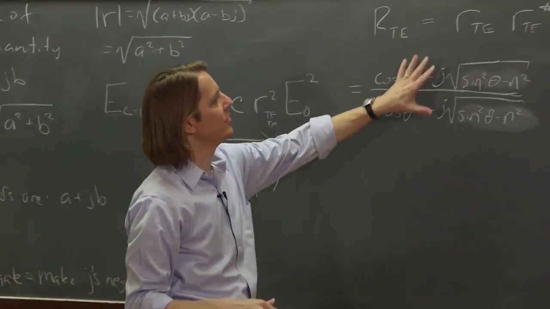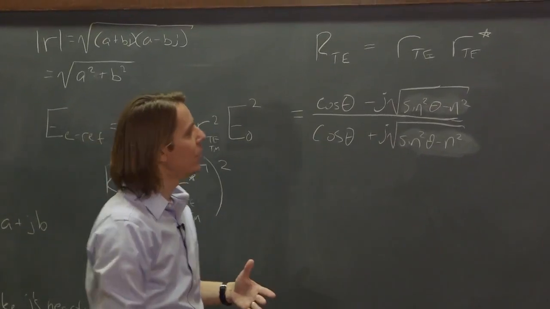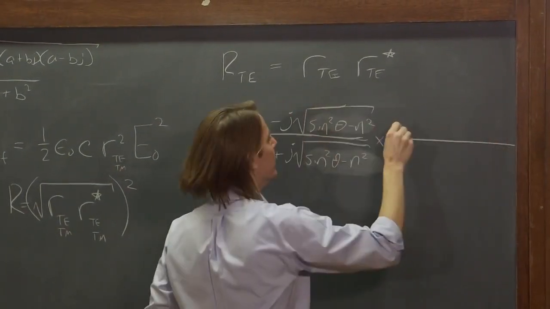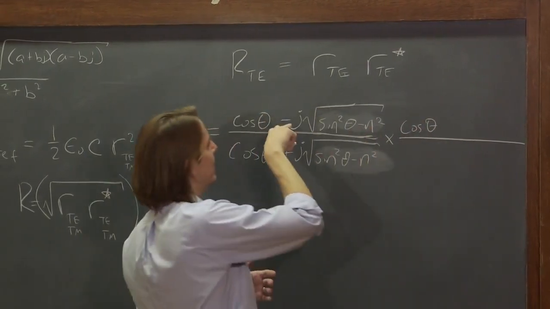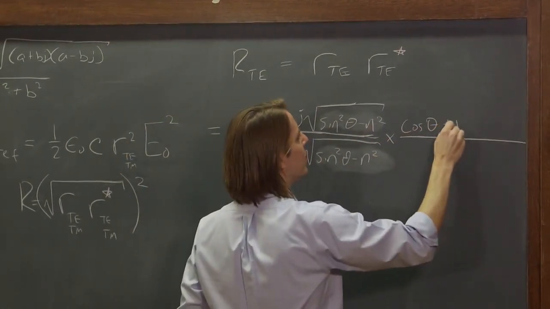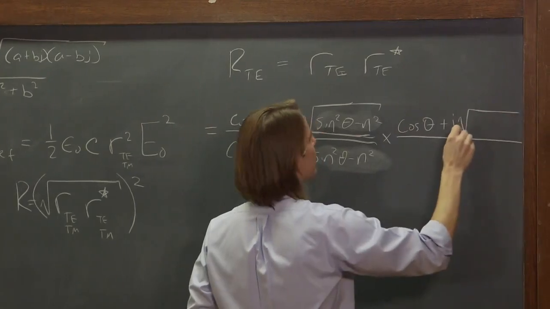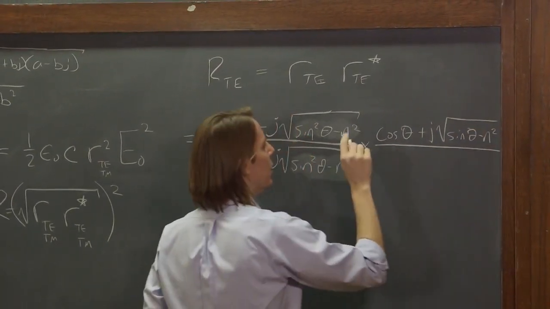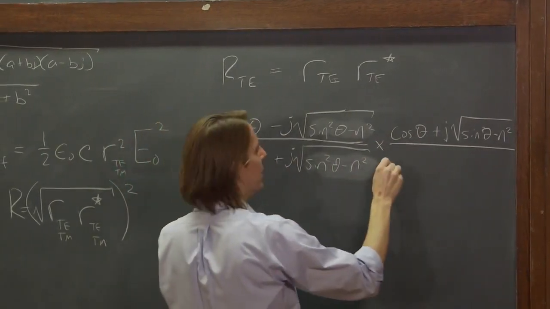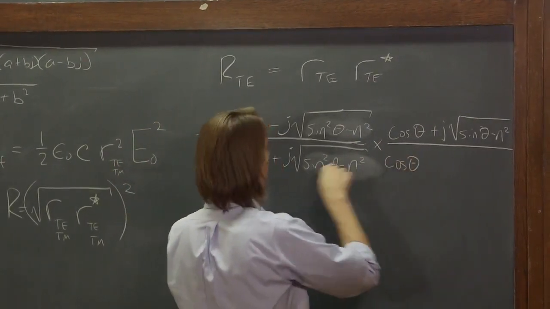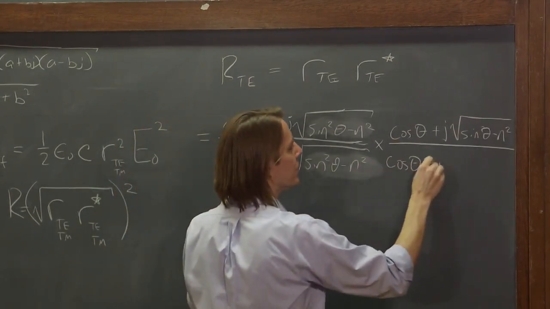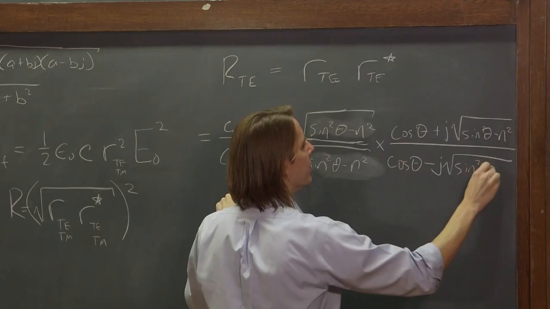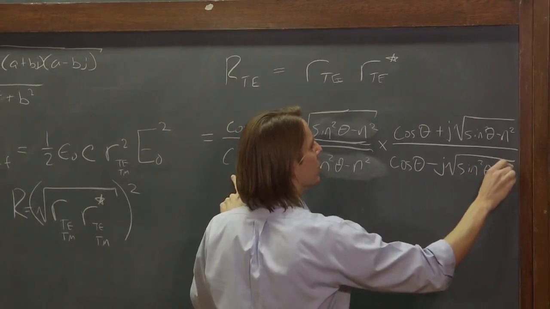So completely equivalent. This is still r little te. And now all we got to do is multiply it by its complex conjugate. So this would be cosine theta, and the minus becomes plus j times the square root, and it's going to fit sine squared theta minus n squared over this one's complex conjugate, cosine theta, plus becomes minus j times the square root of sine squared theta minus n squared.